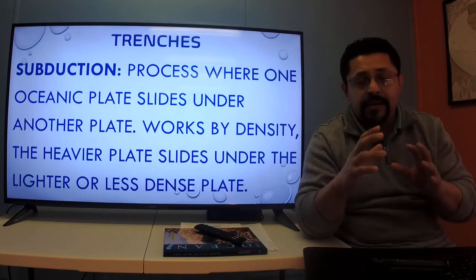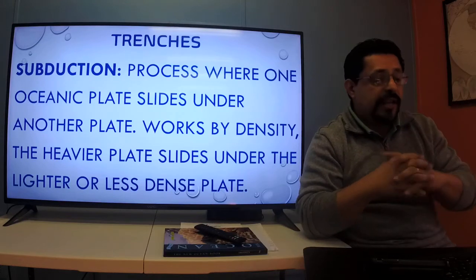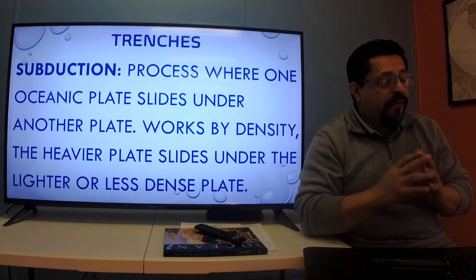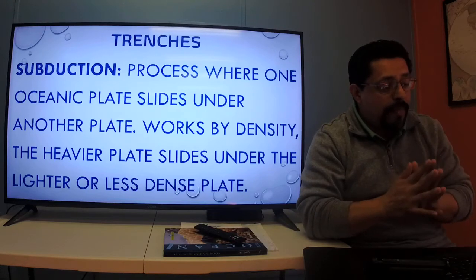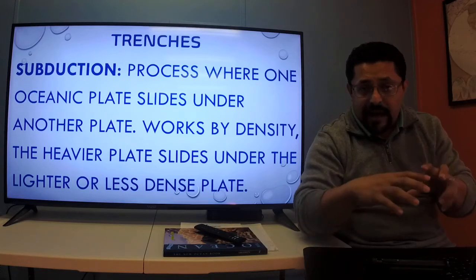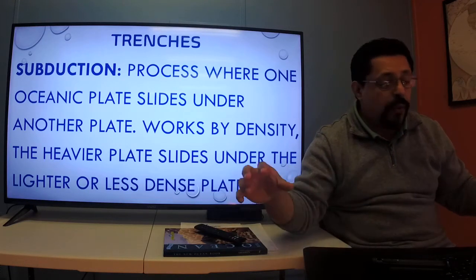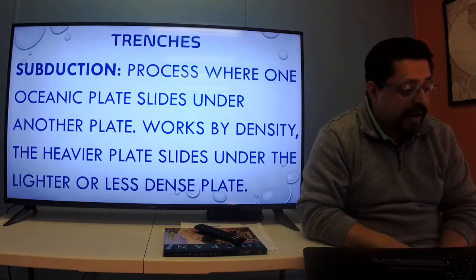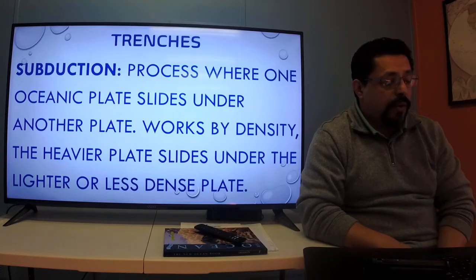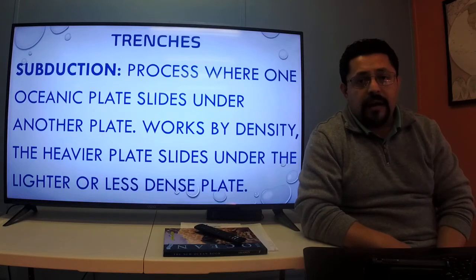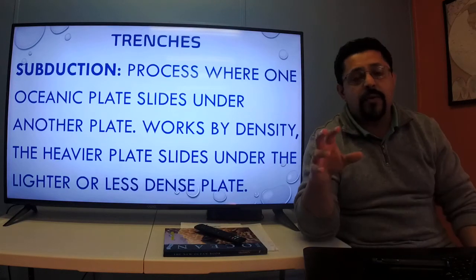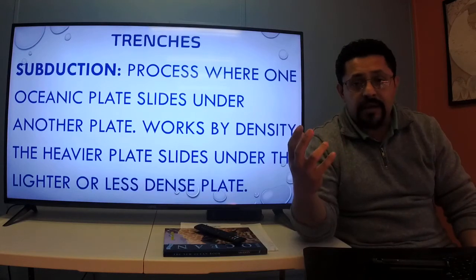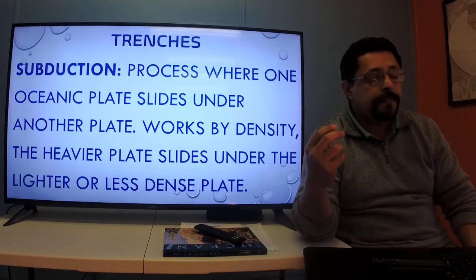When they meet, one goes under and the other goes on top, and it forms a long, narrow belt in the ocean floor. It is these areas of the ocean trenches that can be very dangerous, and this is where a lot of the earthquakes and tsunamis take place around the world.